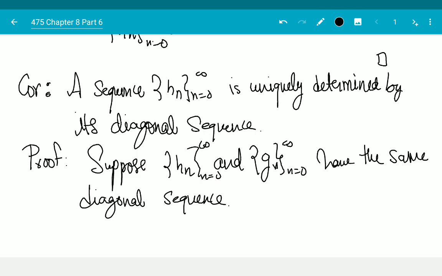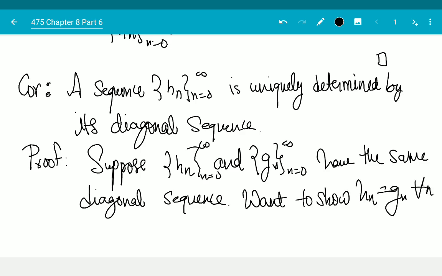We want to show that hn is equal to gn for every n.